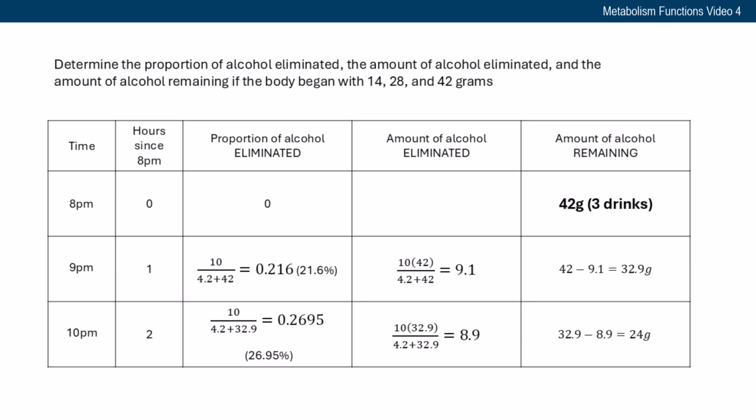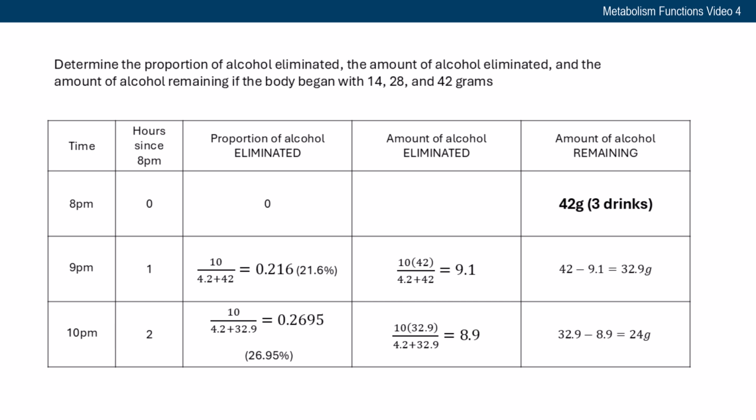All right, and here you can see the solutions for the third table where we are consuming 3 drinks. Again, the first column is the proportion of alcohol eliminated, the second column is the amount eliminated, and then the remaining amount after each hour. Next, I want you to think about what you notice about the first hour of each of those scenarios.